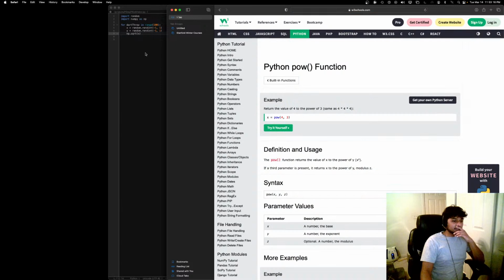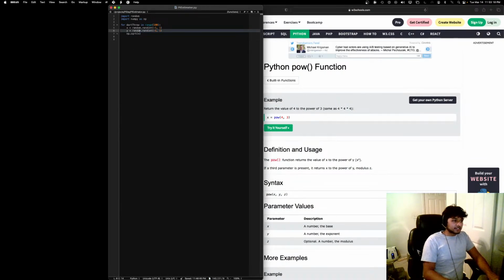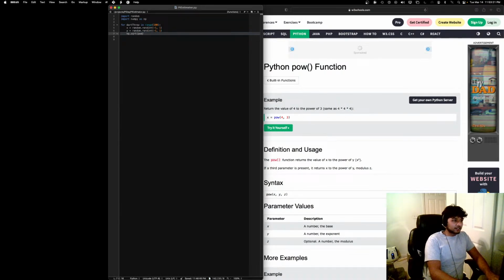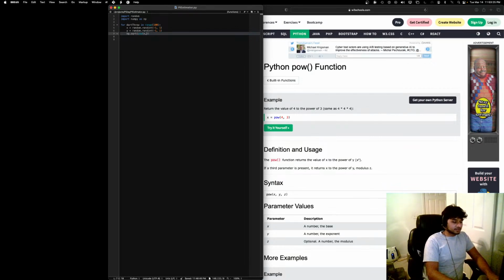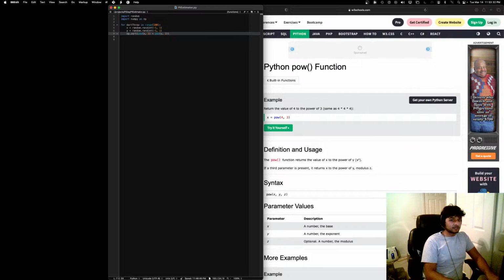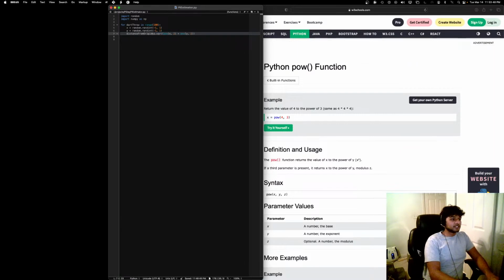Python power, so np.power x 2 plus power y 2, right? So that's the distance from the origin.